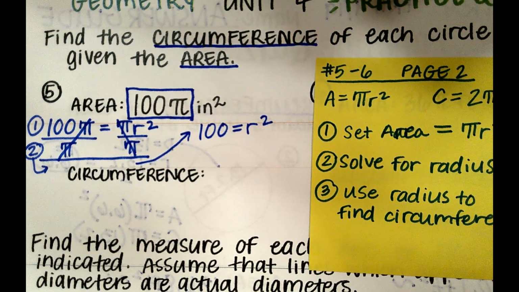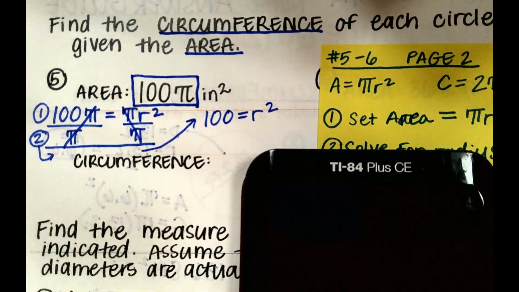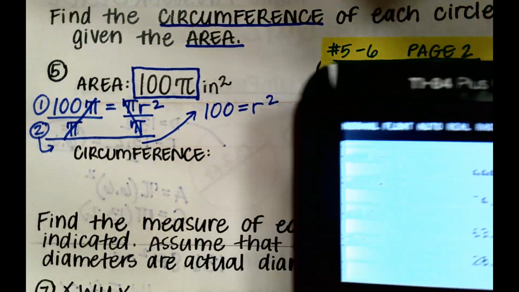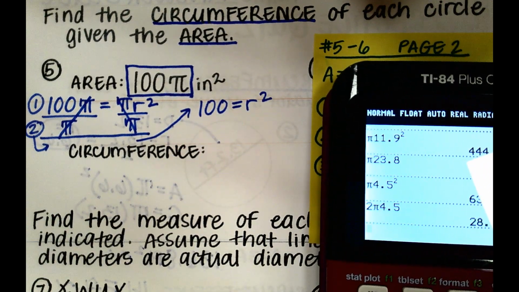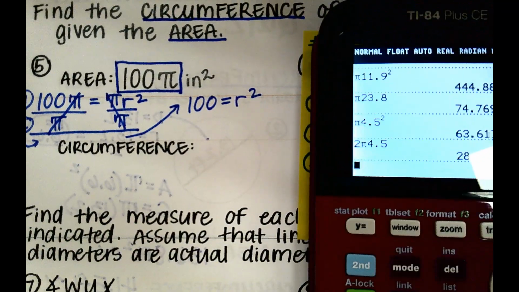And now that I have 100 equals radius squared, have I solved for radius? Am I done? No. What do I need to do now? Square. So I already have radius squared. What's the opposite of squared? Square root. Yeah. Good.